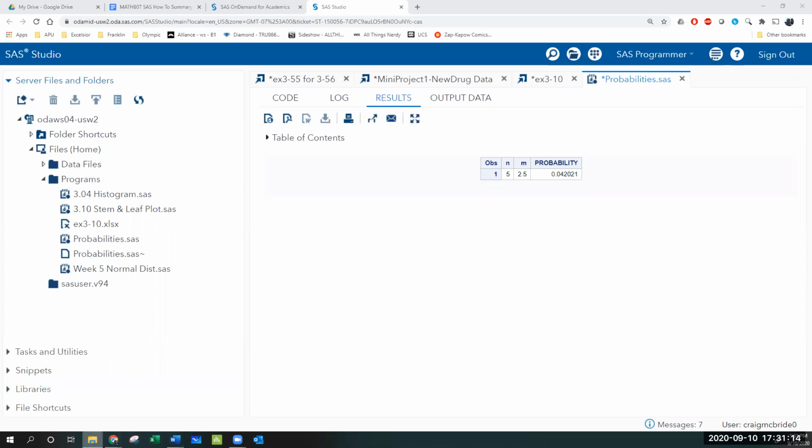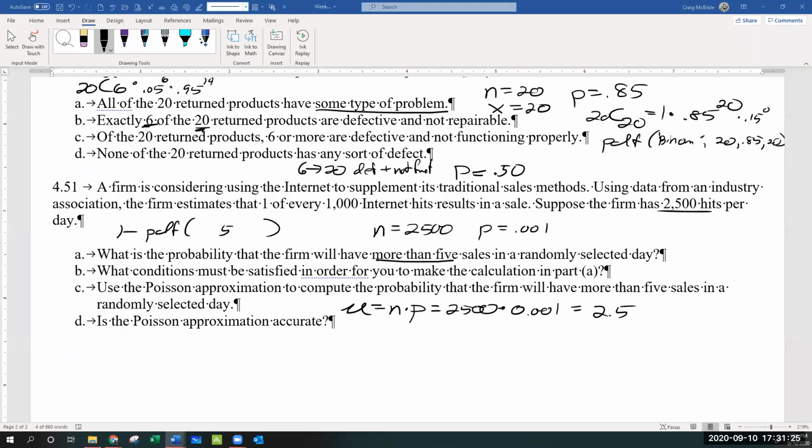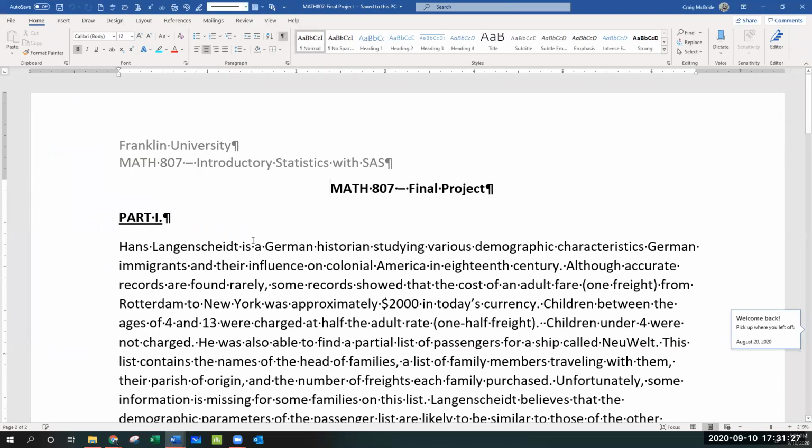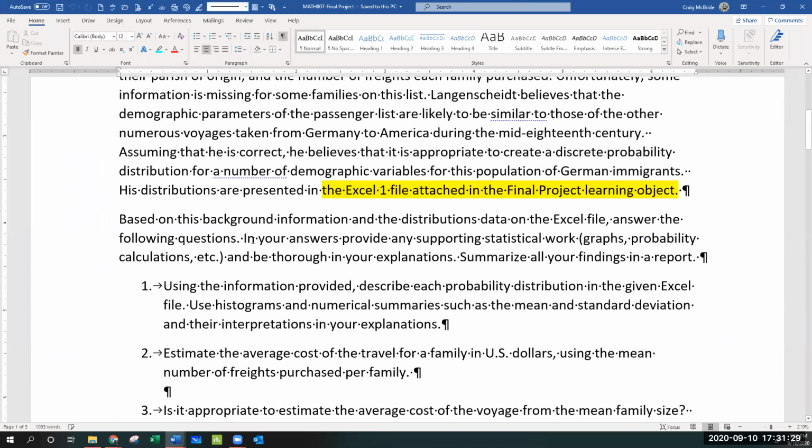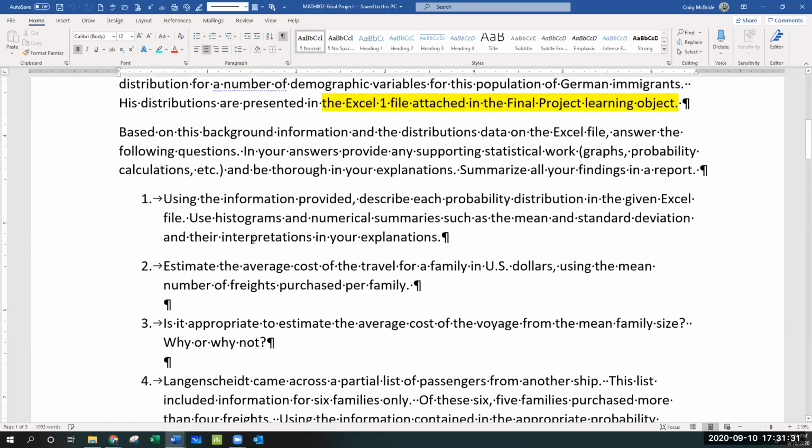The part one, I probably would have gotten farther if I hadn't gotten stuck on the first one. The first question about using the information provided in the data set: describe each probability distribution and use histograms and numerical summaries.